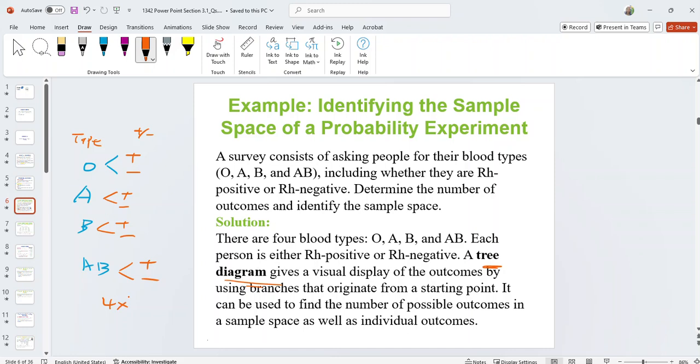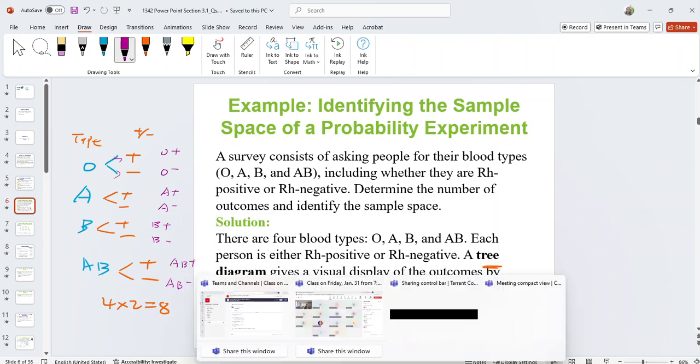So 4 times 2 is 8. So what are those 8 possible outcomes? I can have type O positive, type O negative. You do the tree, going here, that's a tree. I also can have A positive or A negative, and I can have B positive or B negative. Same thing as AB: AB positive or AB negative. If you count this one right here, I have exactly 8 different outcomes.